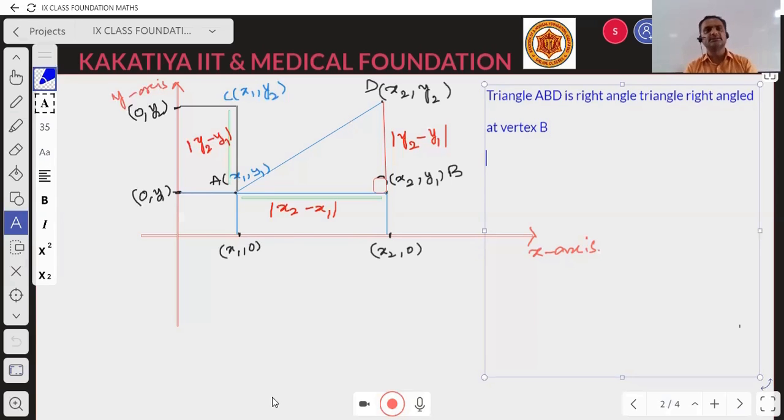As this is a right angle triangle, it must follow the Pythagoras theorem, right? Now tell me, what is the Pythagoras theorem?